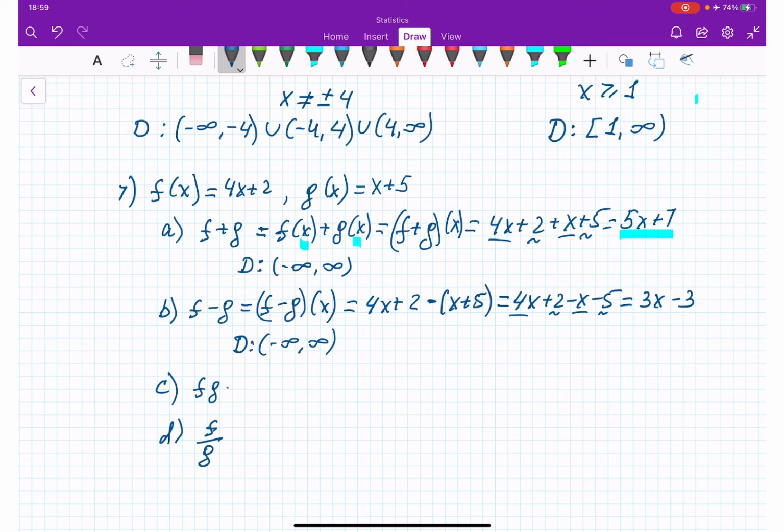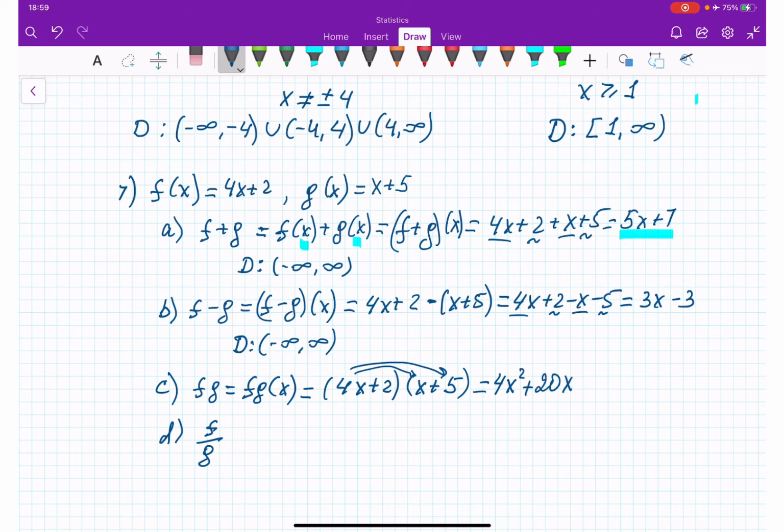So f times g of x is 4x plus 2 times x plus 5. First we multiply: 4x times x is 4x squared, plus 4x times 5 is 20x.